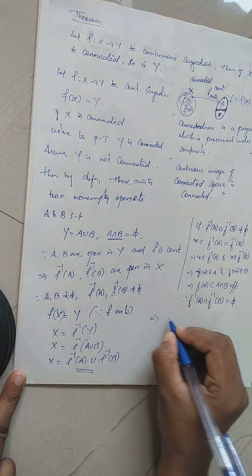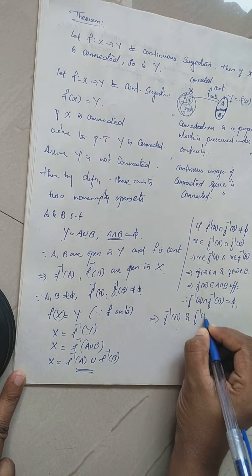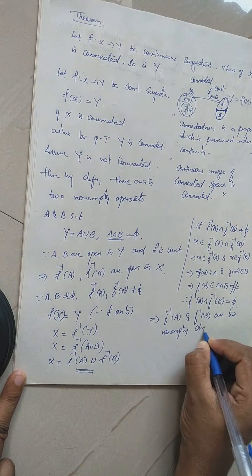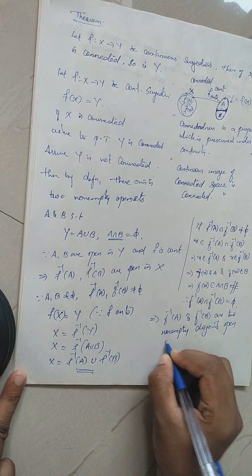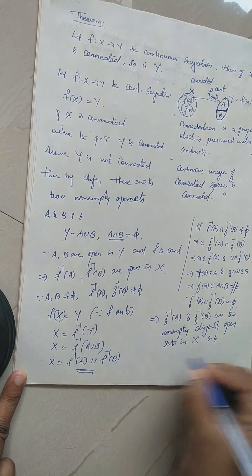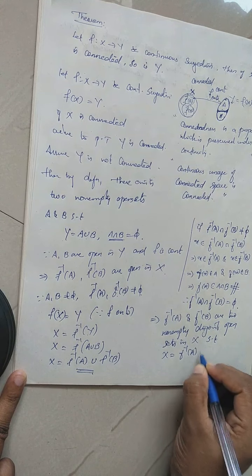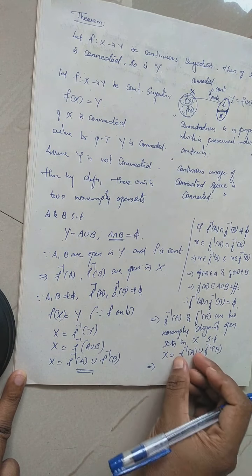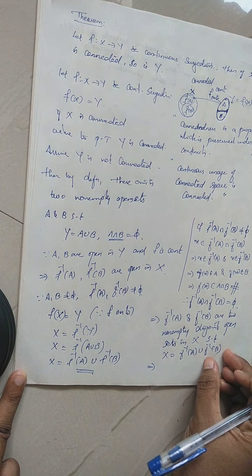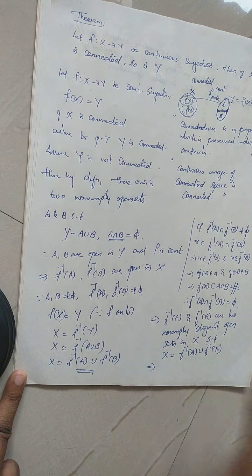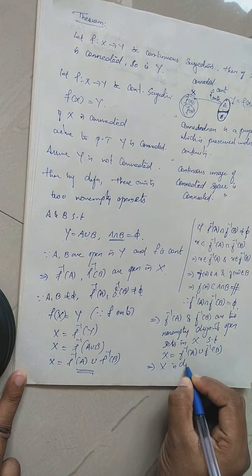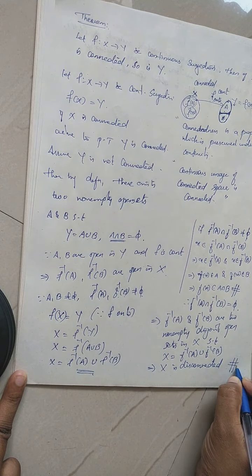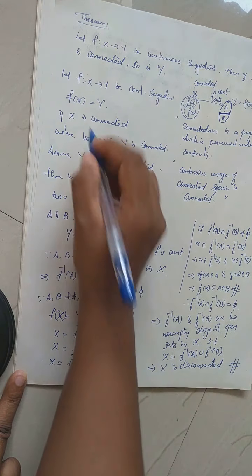So I can say that f inverse of A and f inverse of B are two non-empty disjoint open sets in X, such that X can be written as their union, which means X can be written as the union of two sets f inverse of A and f inverse of B, such that they are disjoint, non-empty and open. This implies X is disconnected, X is not connected, which is a contradiction, because our assumption is X is connected.